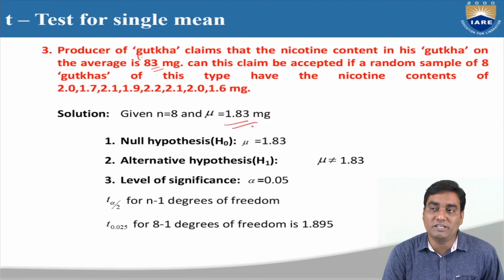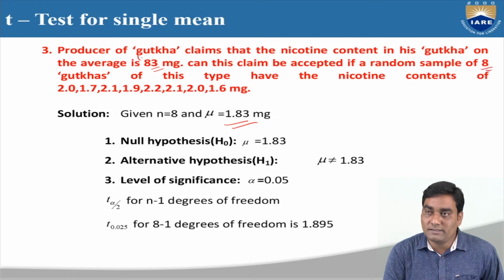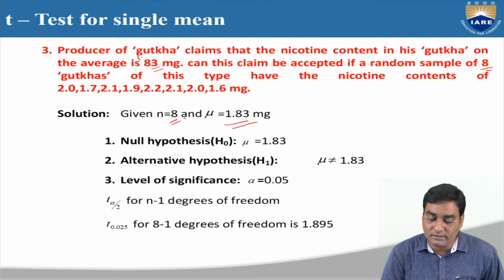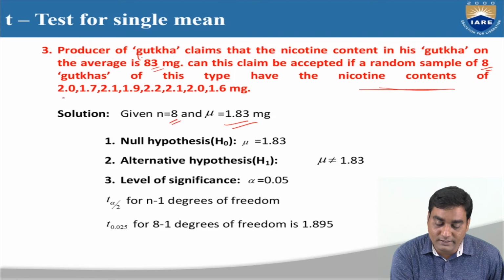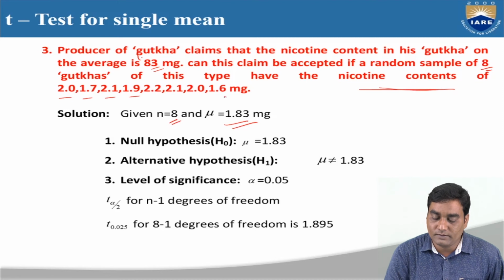That means the population mean mu is given. Can this claim be accepted if a random sample of 8 Gutkas is chosen? That means the sample size is n equal to 8. The 8 nicotine contents are given: 2.0, 1.7, 2.1, 1.9, like that.